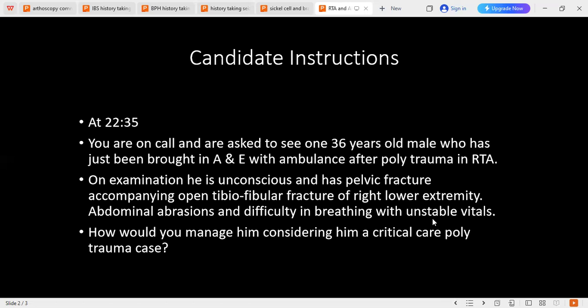Given that the vitals are unstable, I will give crystalloid, 1 liter to 1.5 liters, and look for response. I will put a urinary catheter to monitor the urine output, and connect the patient to a monitor to monitor the vitals.